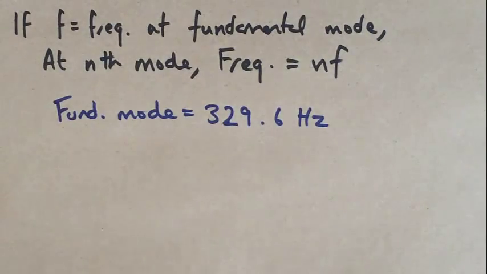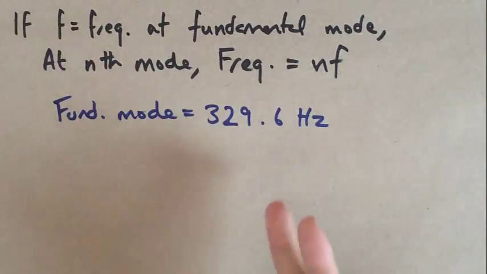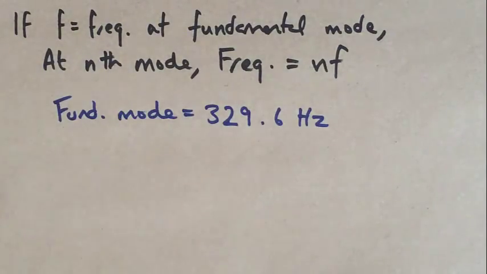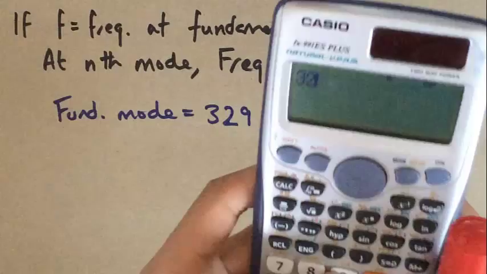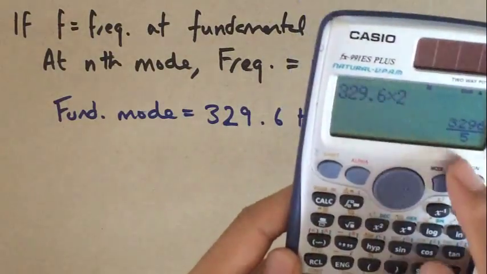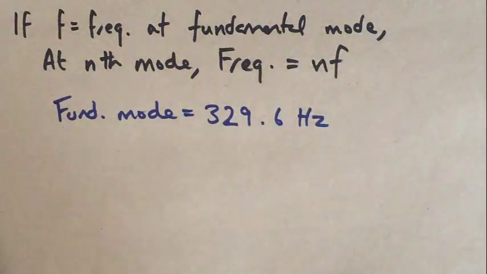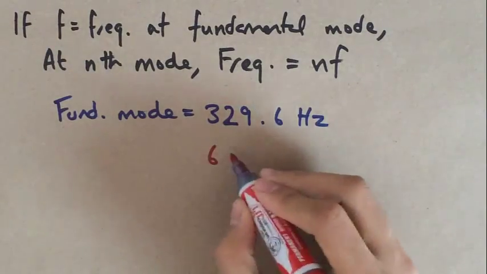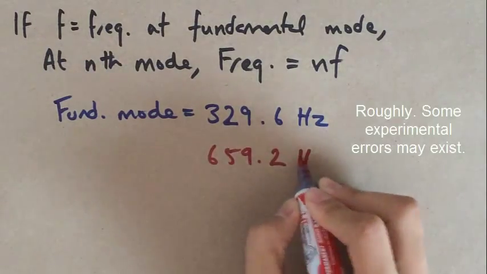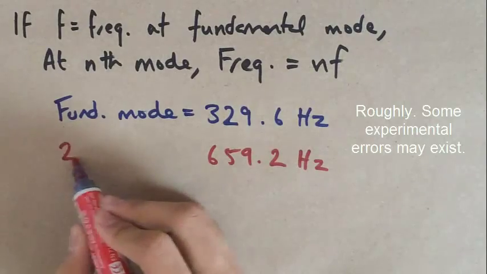Now when we go to the second mode, we can calculate that, and it should be double the fundamental mode. If we put that on the calculator, we get 659.2. That's the second mode.